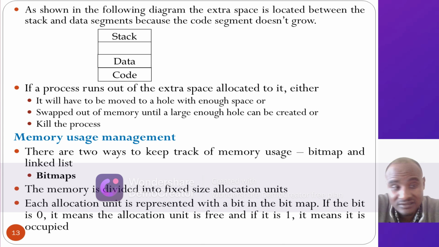If a process runs out of extra space allocated to it, either it will have to move to a hole with enough space, or be swapped out of memory until a large enough hole can be created, or it may be killed. Killing the process means just stopping that process in execution.